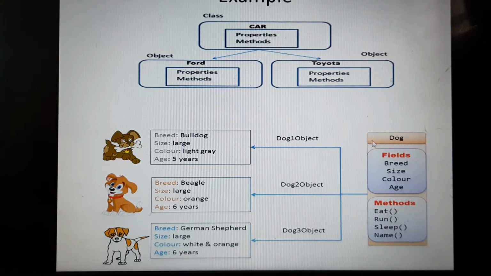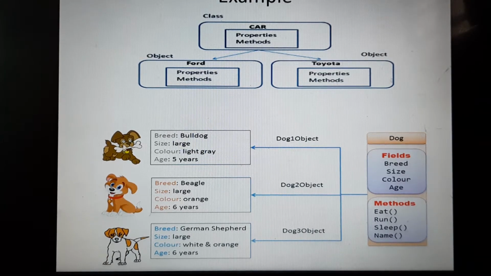So here dog is a class which has some fields or properties and methods. Now whenever we create the objects dog 1, dog 2, dog 3, we have different types of dog here.